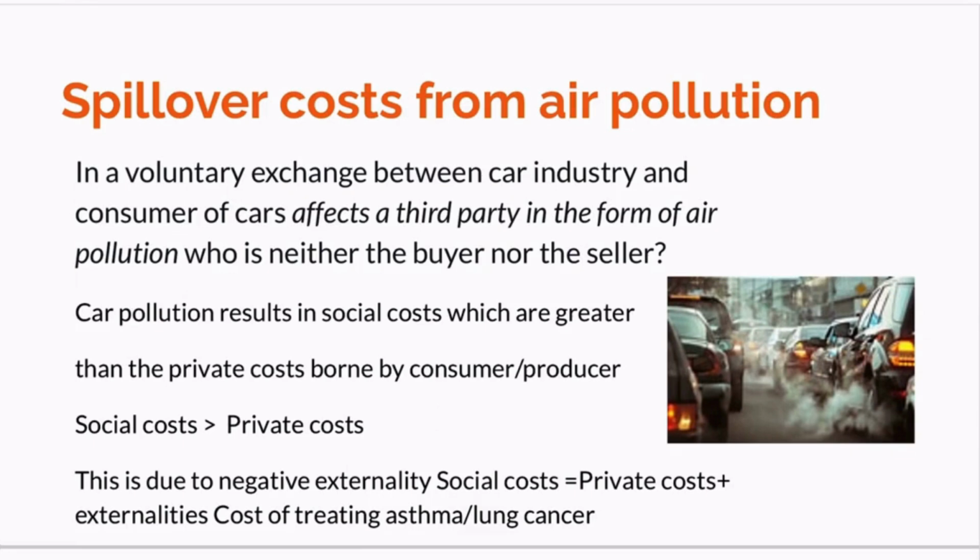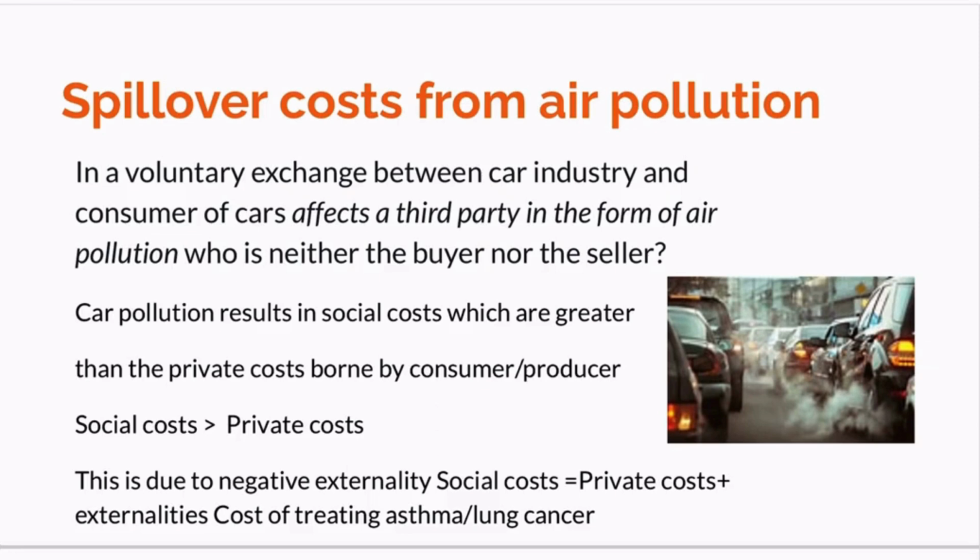One can think of, let us say, an extreme case where the particulate matter or soot coming from the exhaust gases of a vehicle causes some diseases like asthma or lung cancer, right? So if you quantify that and you put some cost to it, a cost of treating asthma, cost of treating lung cancer, then we discover some price, and that price, if you add to the private cost, would be called the social cost.